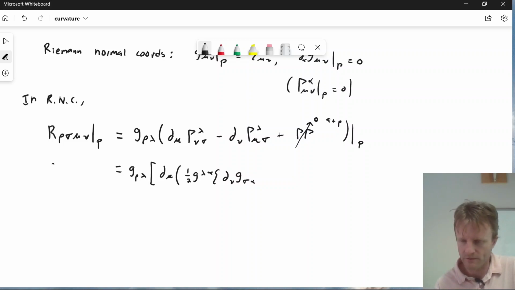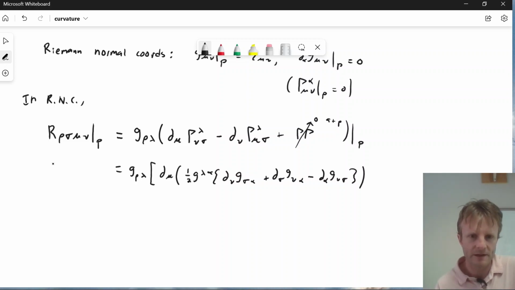And then we have to add the other term, del sigma g nu alpha, and then we need to subtract del alpha g nu sigma. Okay, that's one term, and then we have the other one.